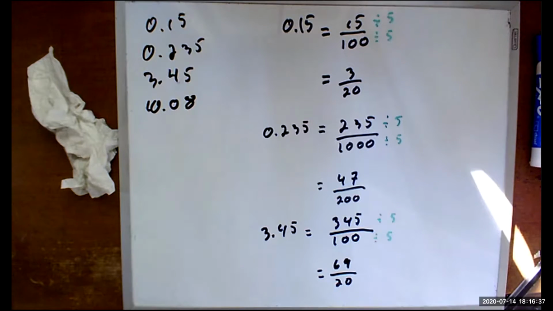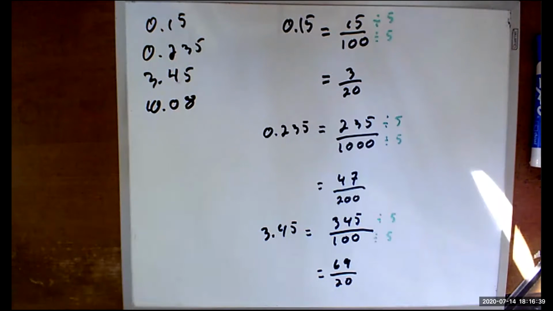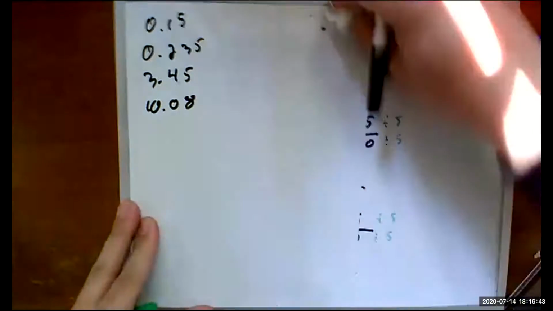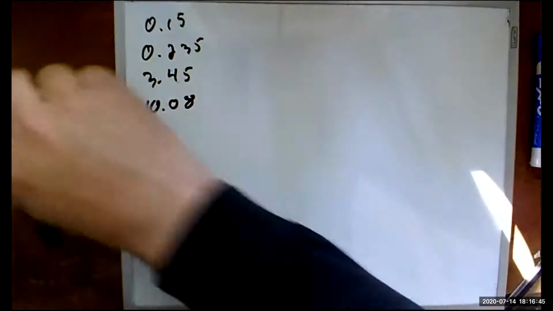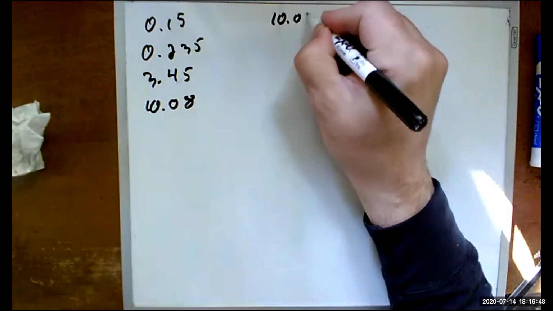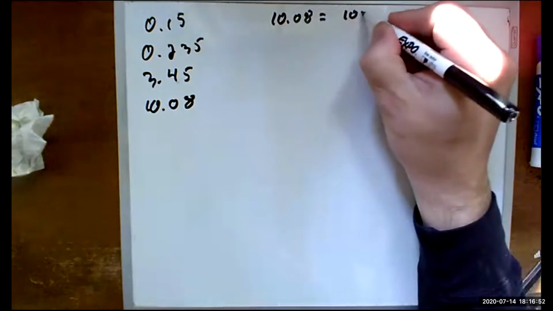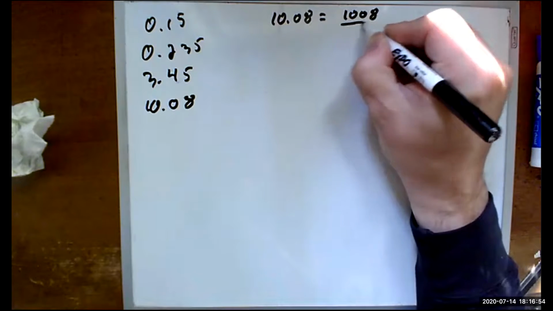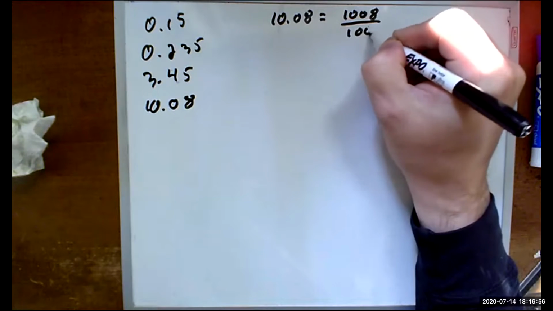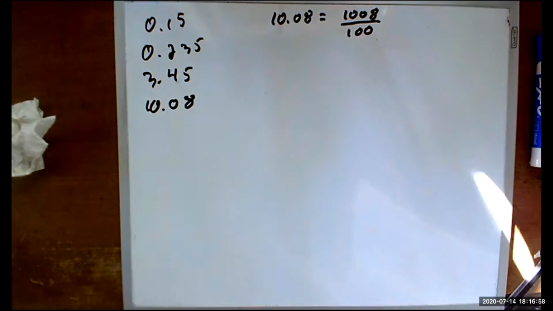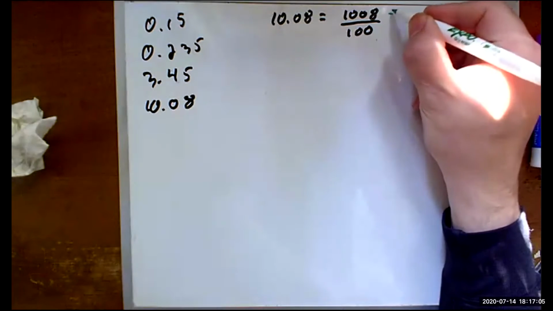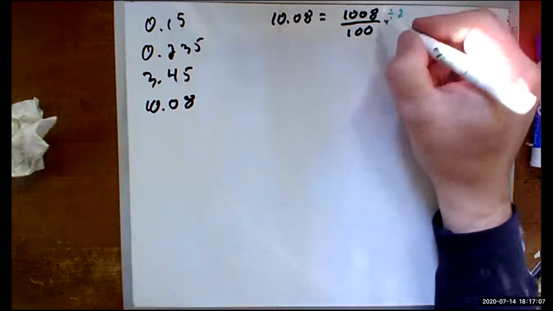Last one, just because this one looks a little bit funny, but nothing has actually changed. We're going to go through the exact same process. 1.008. The .008 tells me that I have 3 numbers to the right of my decimal, so I'm going over 3 zeros. Now I don't have anything that divides by 5 nicely, so I have to go with something else. These will divide by 2.